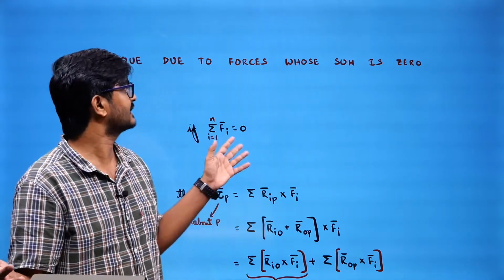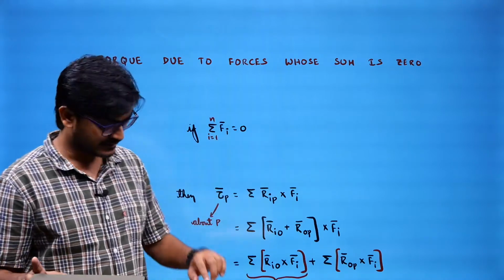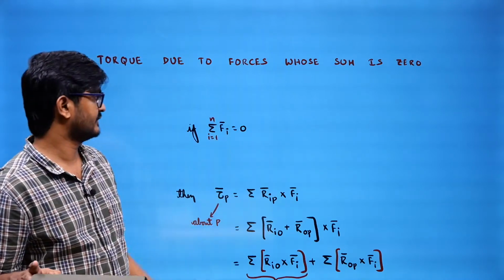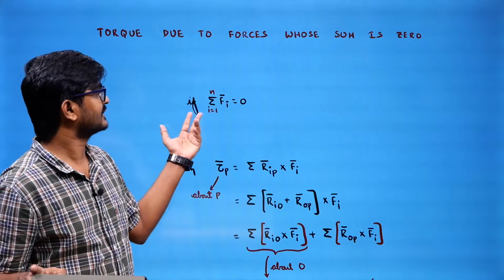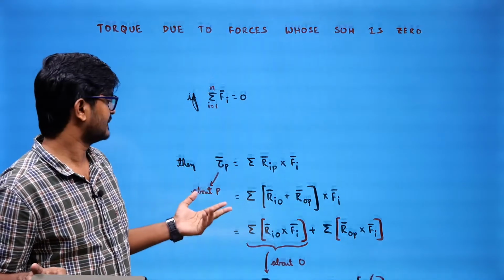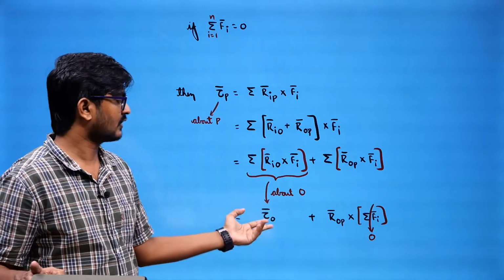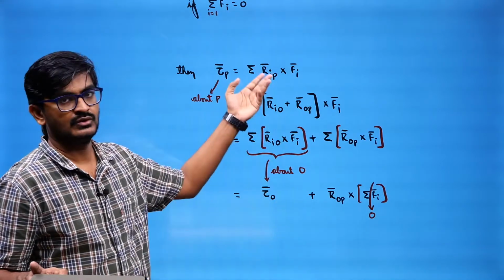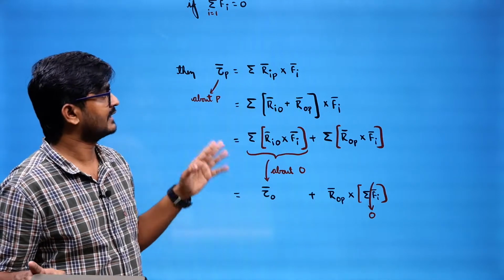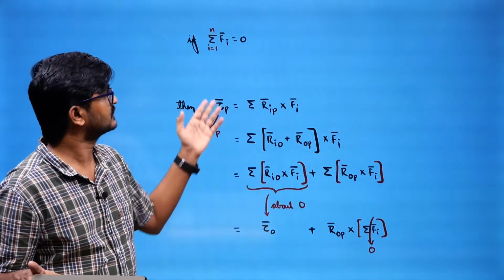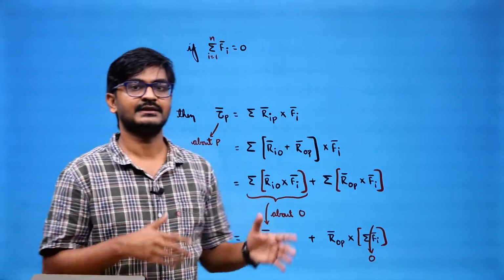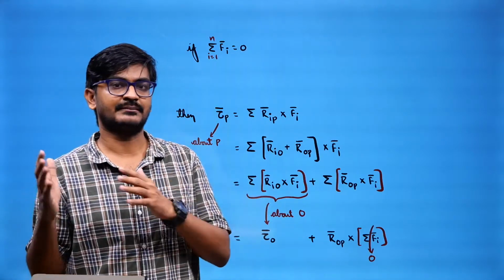But when you see here, I have taken this in rotation. You can refer back to rotation if you don't get it. It says that if the summation of forces is 0, then the torque about point P will be equal to the torque about point O, when you calculate torque because of those forces whose sum is 0. Now in this particular case, the net magnetic force is 0.